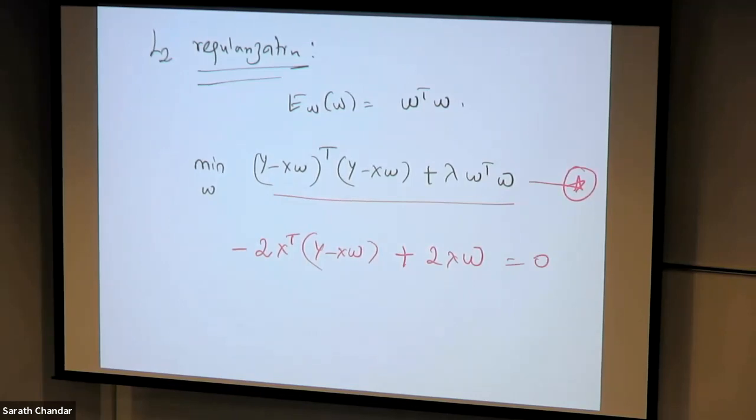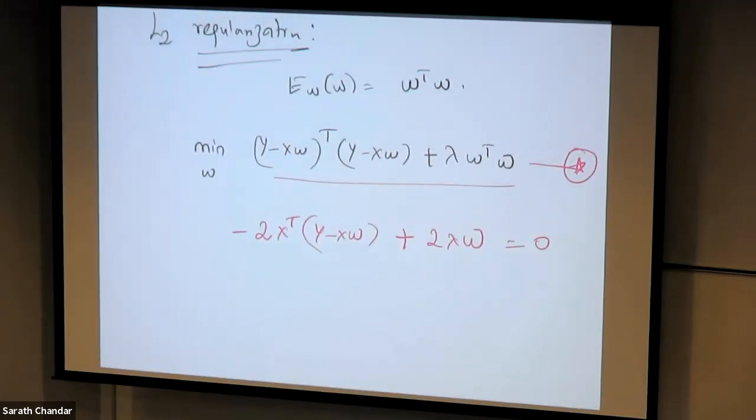Since this term is equated to 0, I can just ignore the 2's. Well, maybe instead of skipping this step, let me write the step.